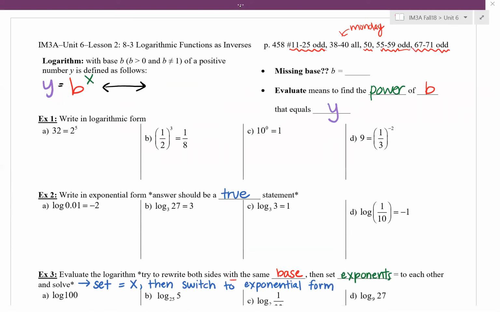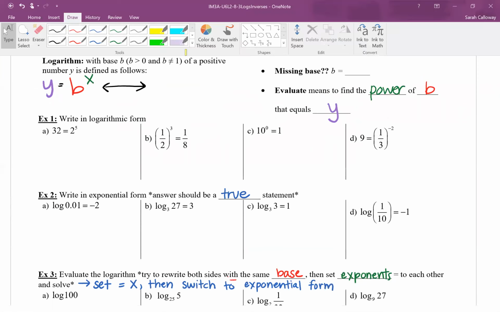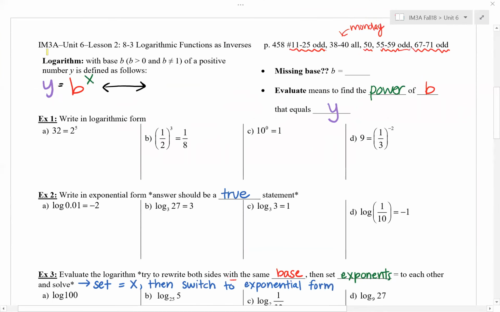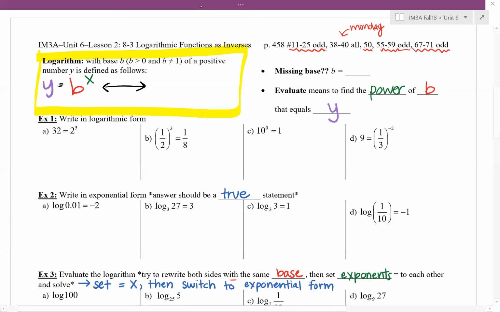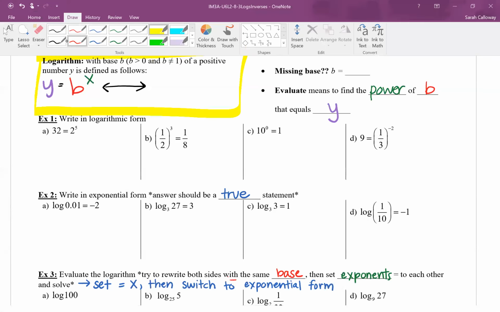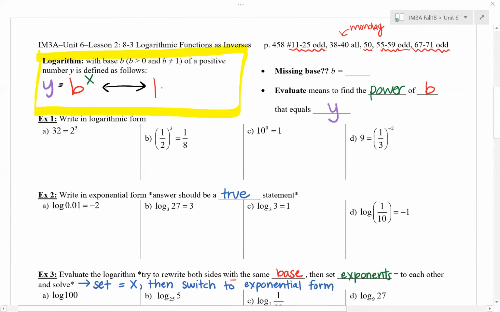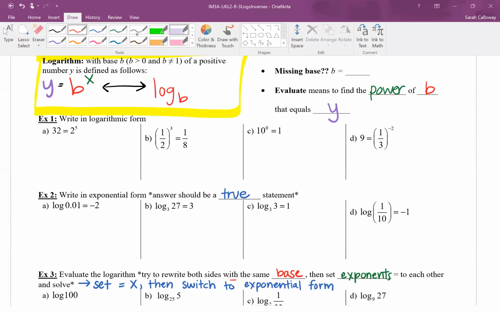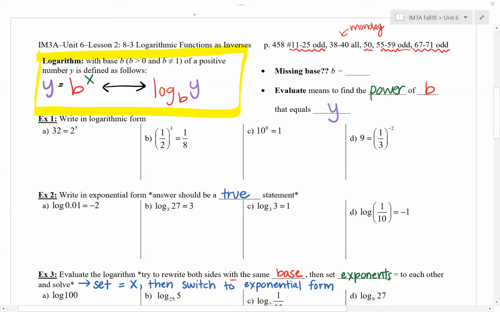And so right now, let's define a logarithm. A logarithm has a base b, where b must be positive, but it can't be 1. And y is positive, and it's defined as follows. If y equals b to the x power, then log base b of y must equal x.